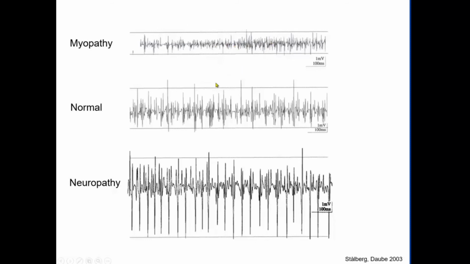Here in the normal we have another amplitude, and we still have a full interference line. And with neuropathy we have even higher amplitude, and we have gaps in the signal due to a dropout of motor units. This is one way where we look at it and we listen to it.